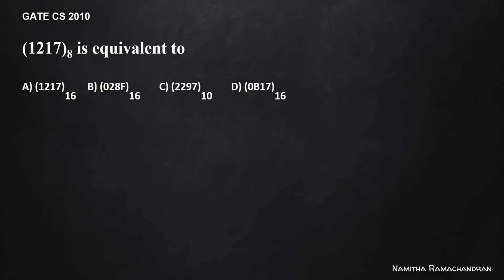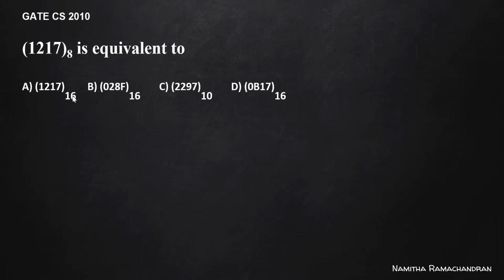Okay. Next question is, 1217 to the base 8 is equivalent to which of these options? Here three options are with base 16 and option C is with base 10. So in this case we can first check whether this number is equivalent to any of these base 16.